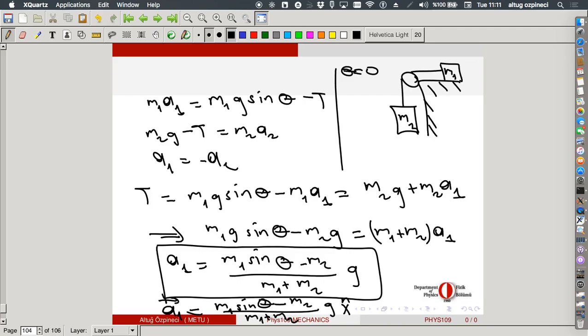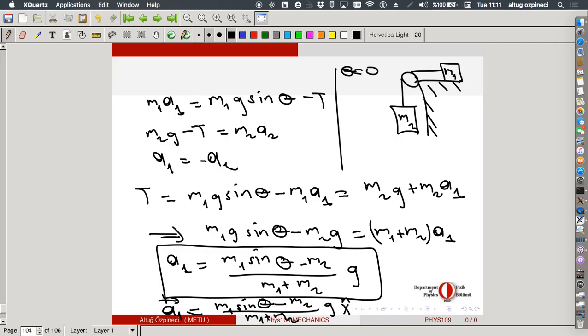In which direction does it move? It will accelerate towards the left, independent of what the masses are. Left is the minus x direction, so a1 should be negative.